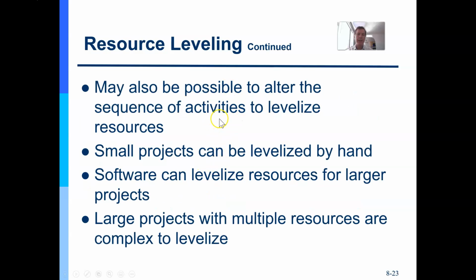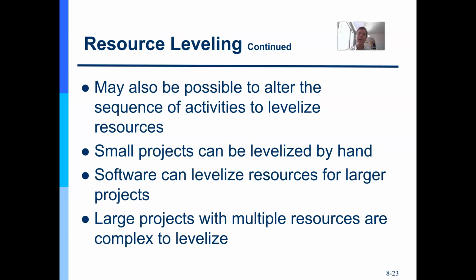And because of resource leveling, it may be possible to rearrange some of the activities. And that's why you want to do schedule network analysis. So when you determine your activities and you put them down in a network with precedence and successor relationships, you want to look at other options, right?